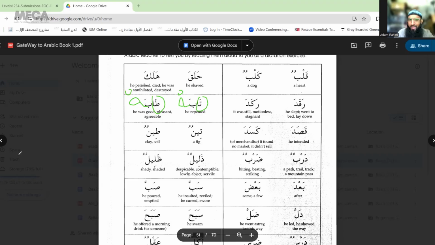Are you hearing that? I want you to hear the difference. What you're saying is taba, but it should be tauba. Can you hear the difference? Yes. So you don't want that little sigh at the end. One more time, try it again. There you go. Very good, much better. Ahsanta.